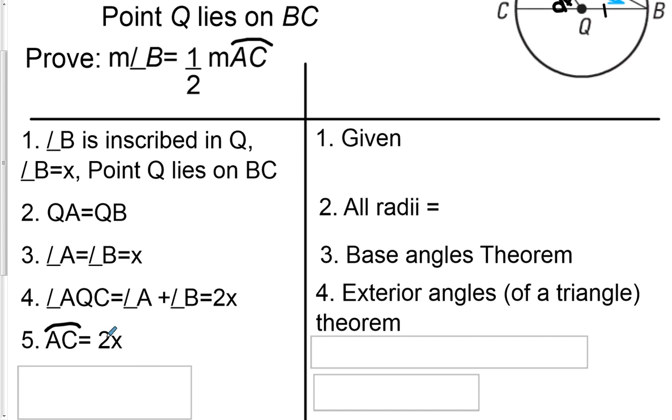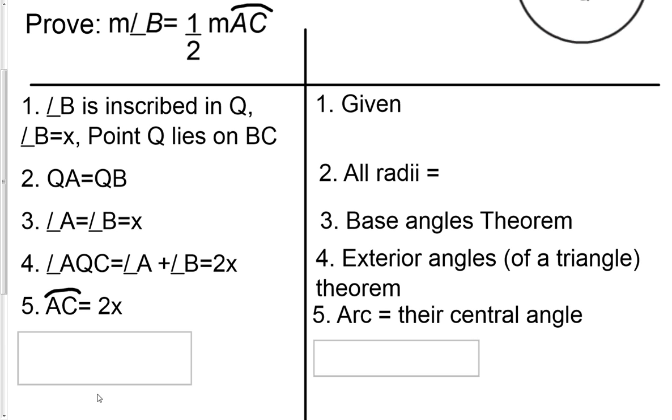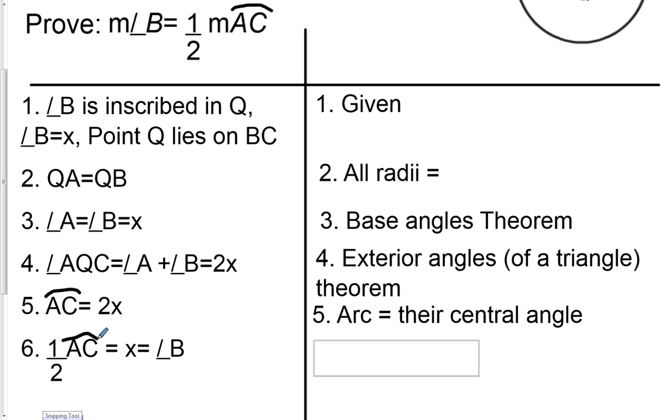So that's kind of what we have here. We just need to substitute in. We already know x is B. So we're going to multiply by half on both sides, and we get half of arc AC, I forgot my arc mark here, sorry, equals x, which is angle B. So technically, that's what this says. I probably should have put the M in there.